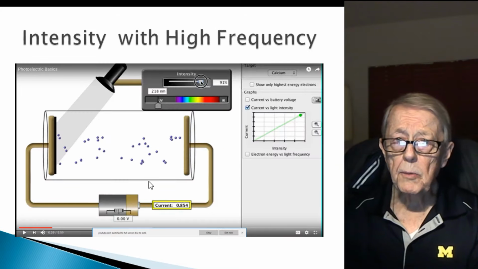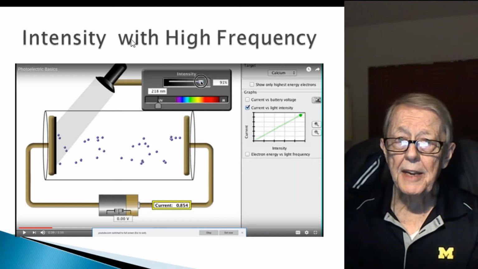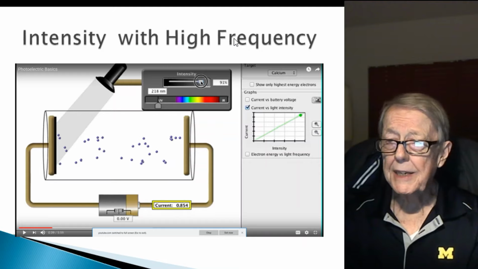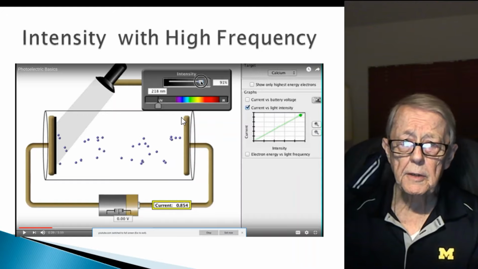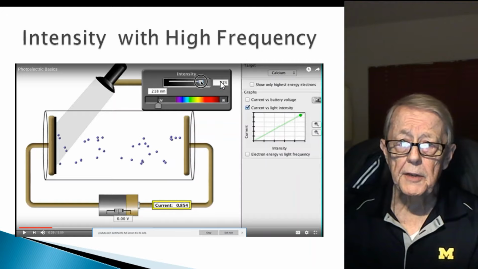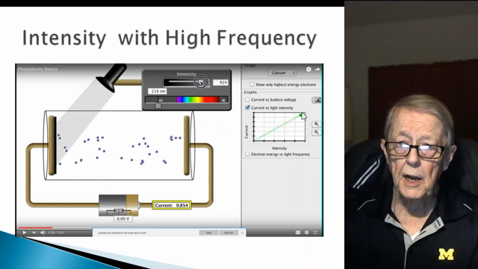Part 1 was all about varying the intensity while the frequency was at a high frequency, and they're using calcium as a material. You can see that the intensity at this point is very high. This is intensity, it's high, and the vertical is the current. They use a current meter to measure it.